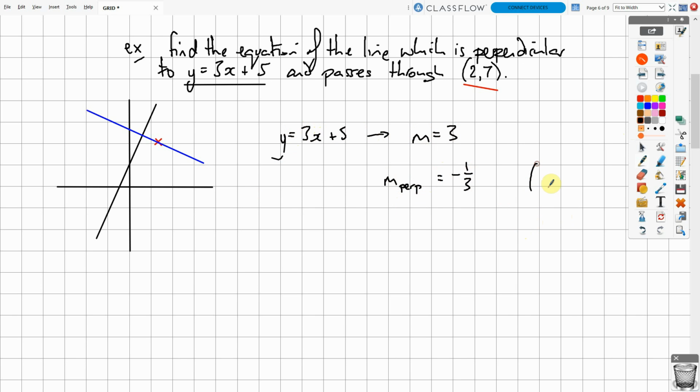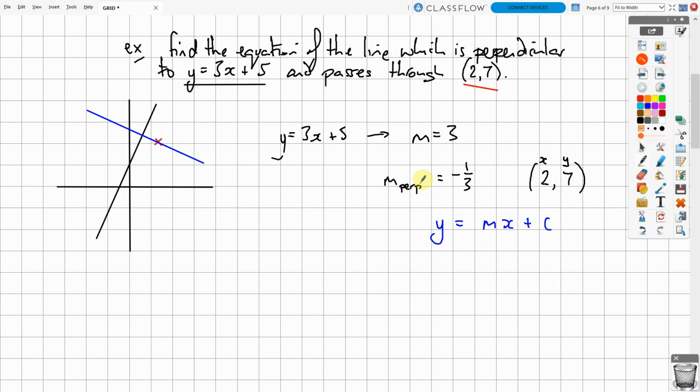And this new line, this perpendicular line, must pass through (2, 7). So this is an x value, this is a y value. And we know that this blue line, this line that we're trying to get an answer for, it's a straight line. It must follow that rule, y = mx + c.